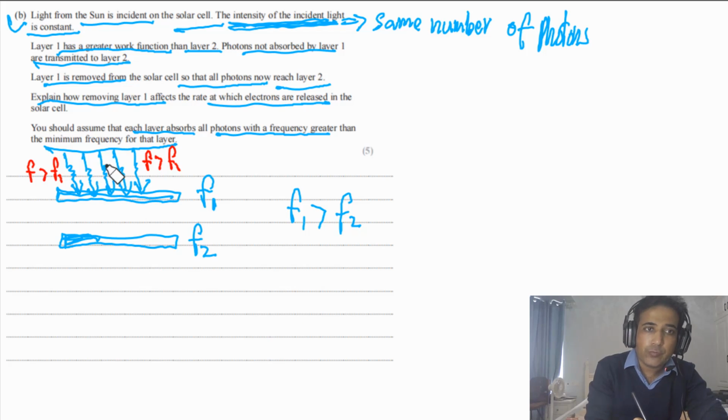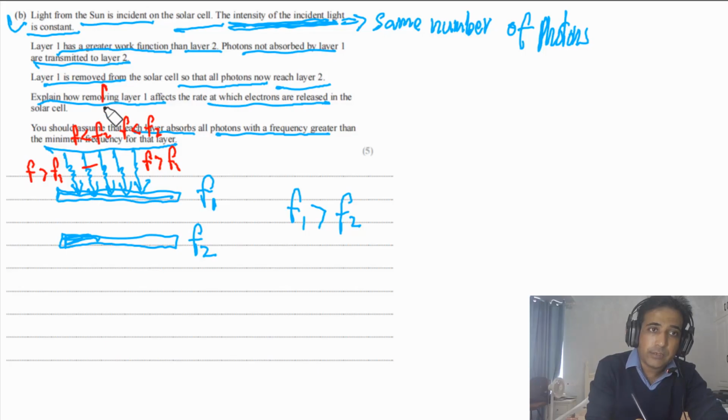The next two photons, let's say, have frequency that is lower than f2. This photon also has frequency lower than f2, and this photon, listen carefully, has frequency that is greater than f2.